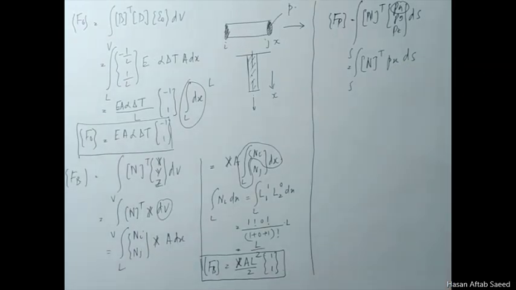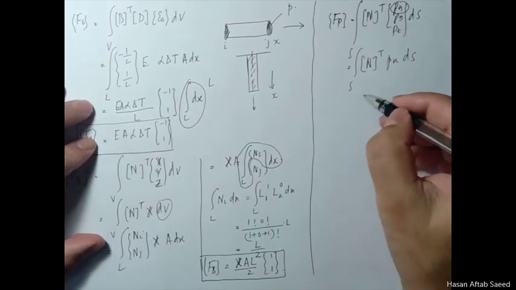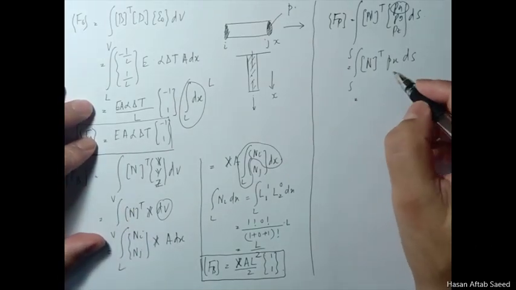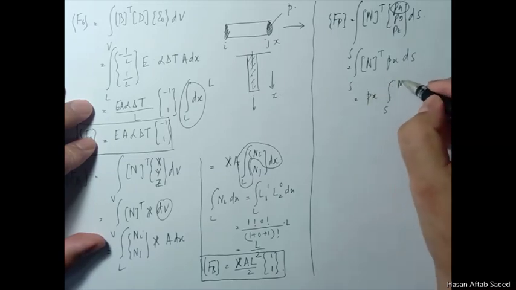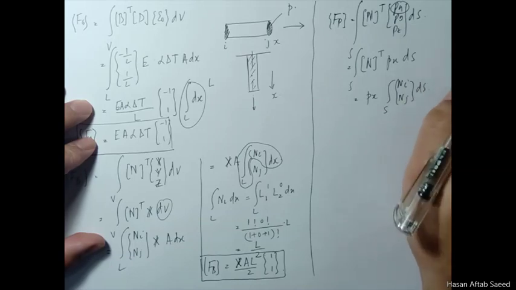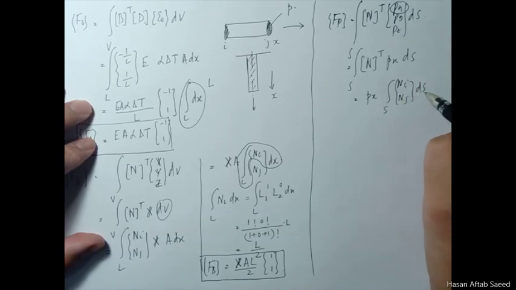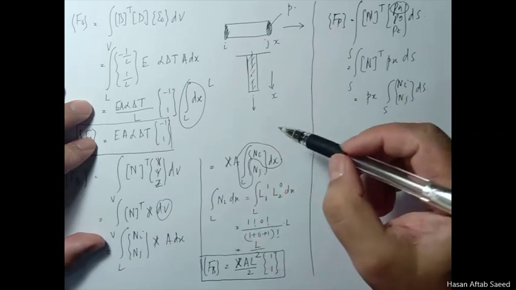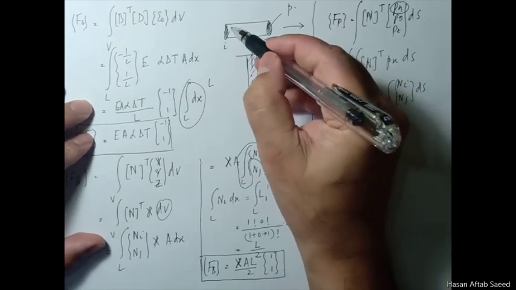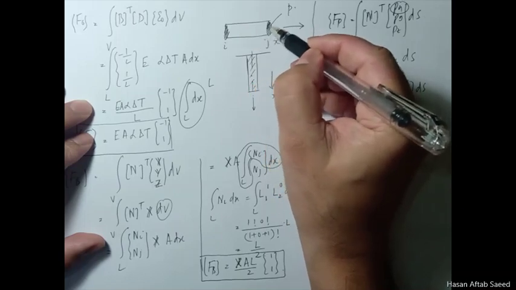And if we put in the values here, Px goes out, Ni, Nj, dS. Now it's very obvious. We don't need to integrate it at all, like we did here, because the body force was acting on the whole of this body.